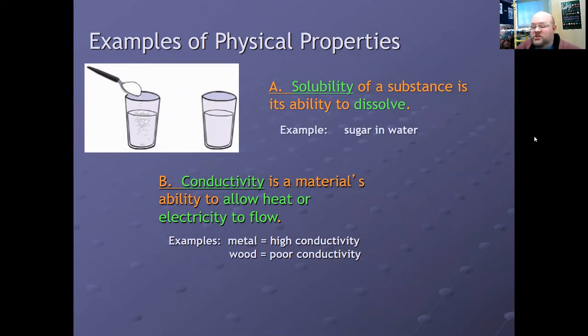When something dissolves, it doesn't change the substance, it just mixes. Conductivity, a material's ability to allow heat or electricity to flow through it, that is a physical property. Like metal is very conductive. It has high conductivity. Wood, not very conductive. It has poor conductivity. But conductivity is a physical property.